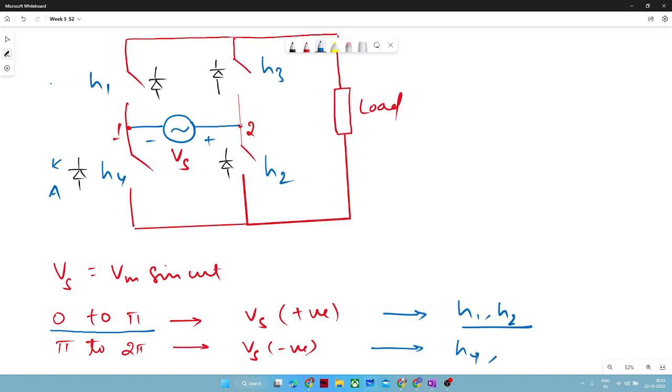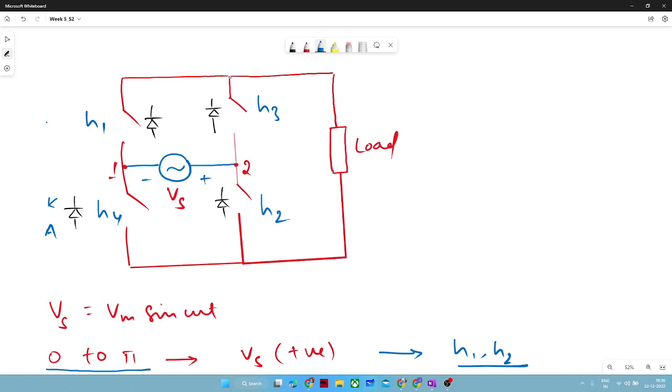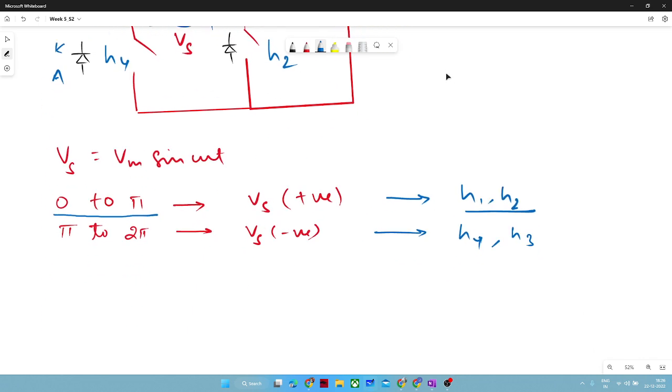And again, the positive terminal appears at the anode of H3, and H3 will be turned on, right? So this is the operation of a full bridge single phase uncontrolled rectifier. I just wanted to clarify that here. Now we will see the nature of conduction and all.